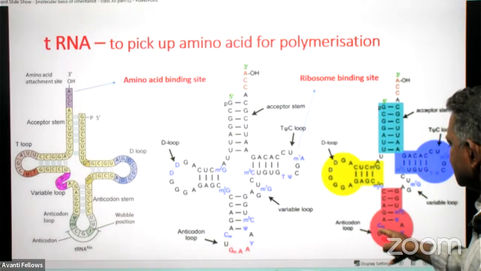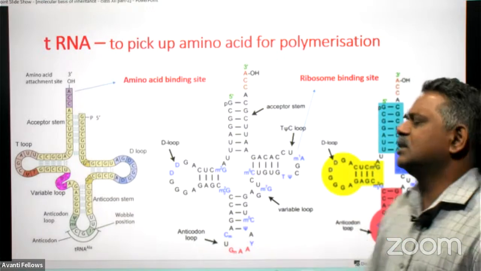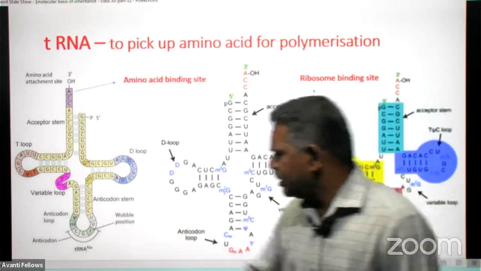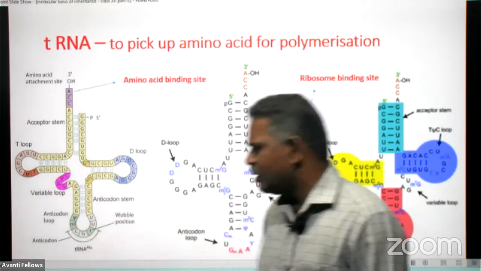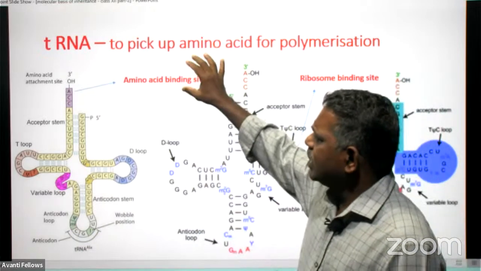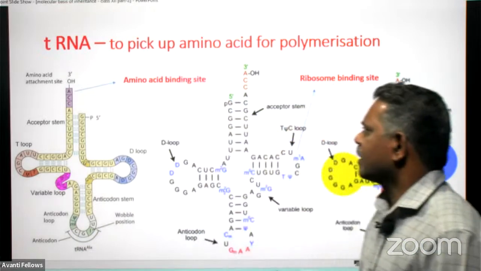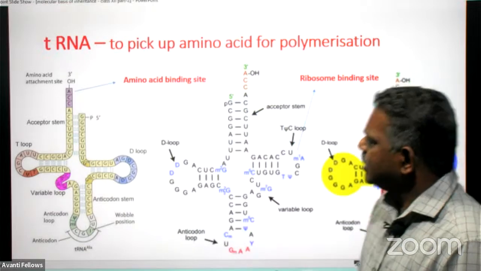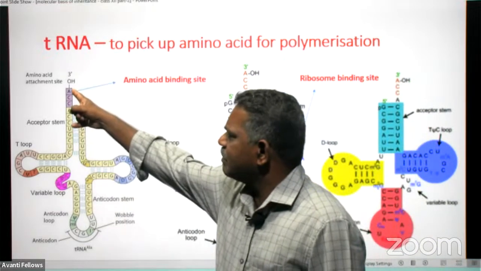Why is it called the anticodon loop? Because in this loop only the anticodon is placed, and based on the nitrogenous base sequence in the anticodon, we decide what type of amino acid will bind here. Actually, the amino acid binds at the 3' end.